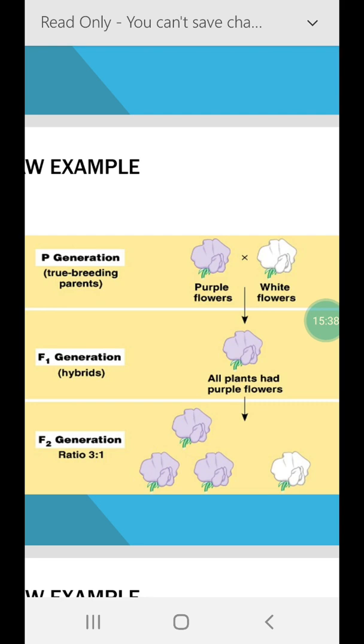Means any harmful recessive characteristics will be masked. Means it will be covered by the dominant characteristics.